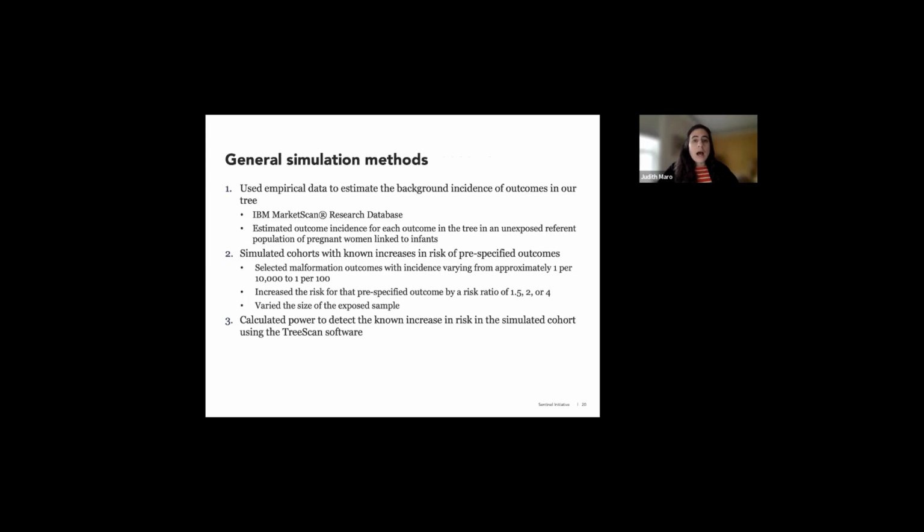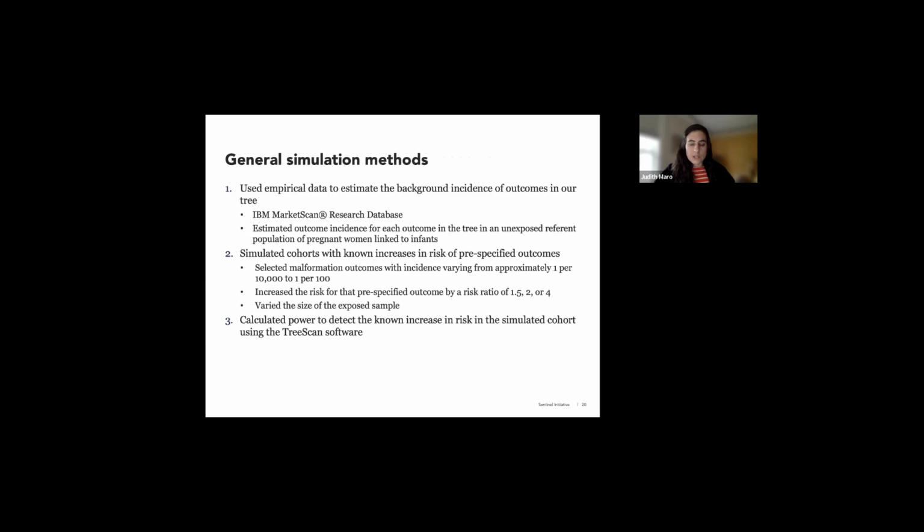For our simulation methods, we used empirical data to start with to seed our understanding of the outcome tree. We used background incidence rates, and we created data sets for a referent group and an exposed group using some of the data that we already had.